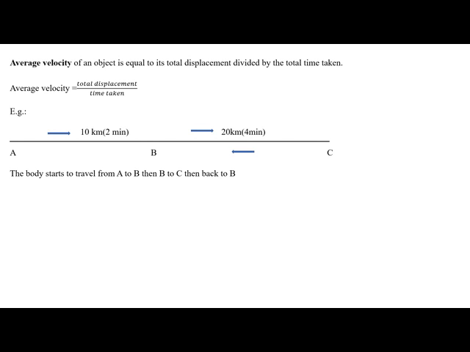So now let us see. A is called what? A is called the initial position, and B is called the final position, because after completing the movement, it comes to rest at position B. That is why B is called the final position. Displacement is the shortest distance between the final position and the initial position.